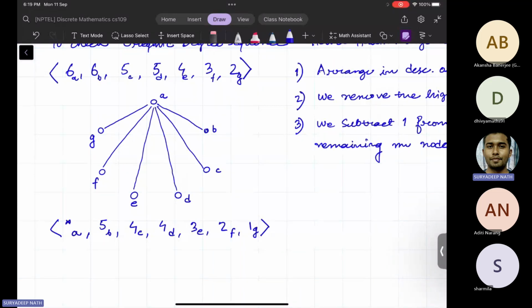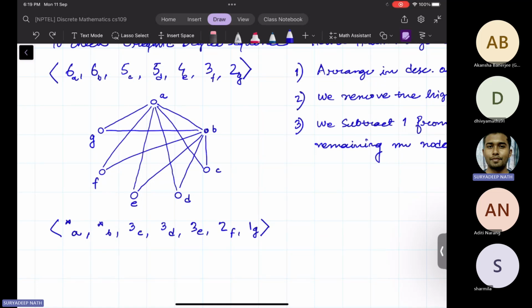Again we do it in sequence: b to c, b to d, and so on, 1, 2, 3, 4, 5. So b is done. What we do is put a star and subtract 1 from the remaining 5 nodes. So we have remaining 5; this becomes 3, this also becomes 3.